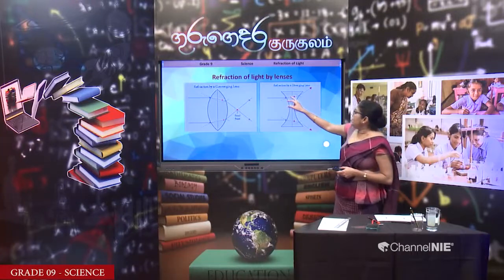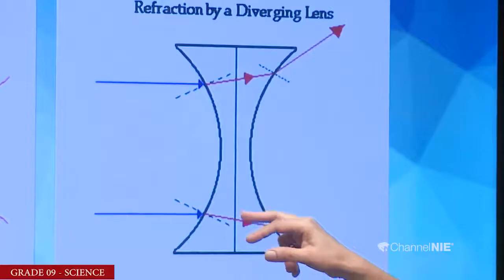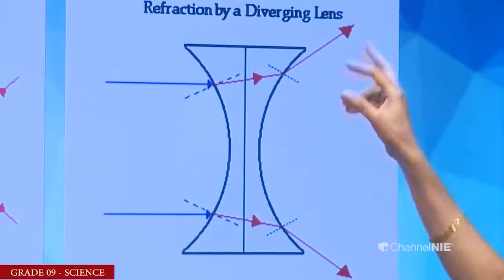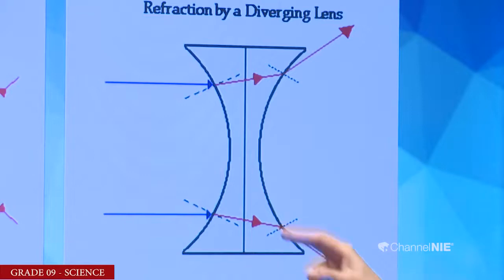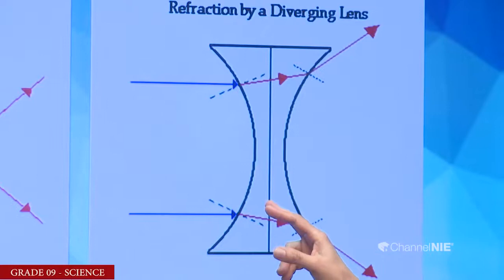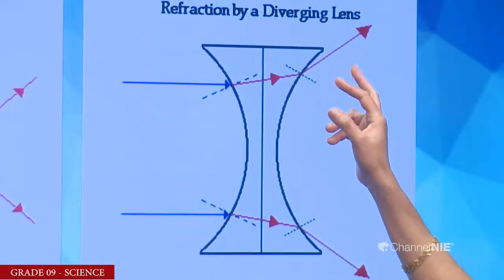This is a biconcave lens. Here you know that biconcave lenses are diverging light rays. When a parallel beam of light is falling on a biconcave lens, this is how it is getting refracted.